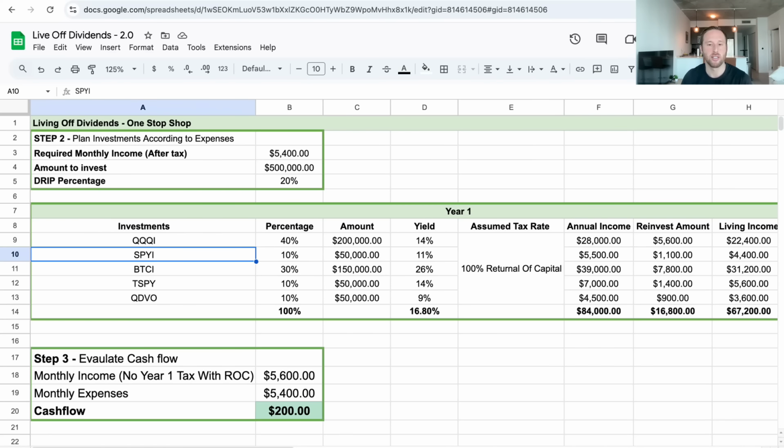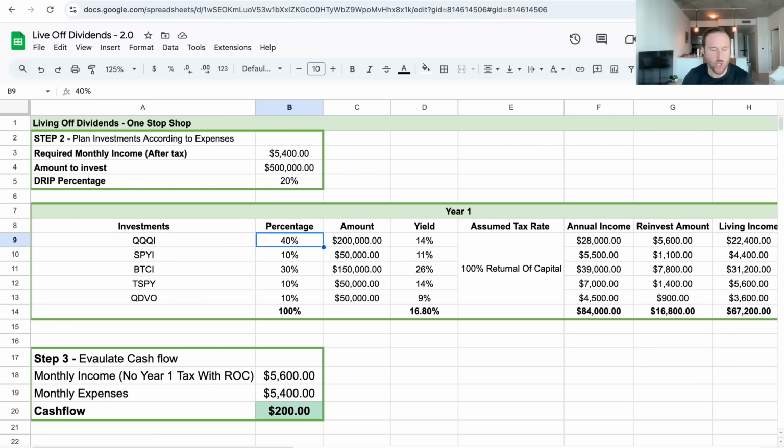SPYI, the S&P 500 income ETF, which yields 11%. BTCI, which yields in and around 26%. TSPY, another flavor of a SPY income ETF, which yields about 14%. And QDVO, which is about 8 to 9% and fluctuates, and that is going to be another high-tech grower, but also allows us to get a great yield as well.